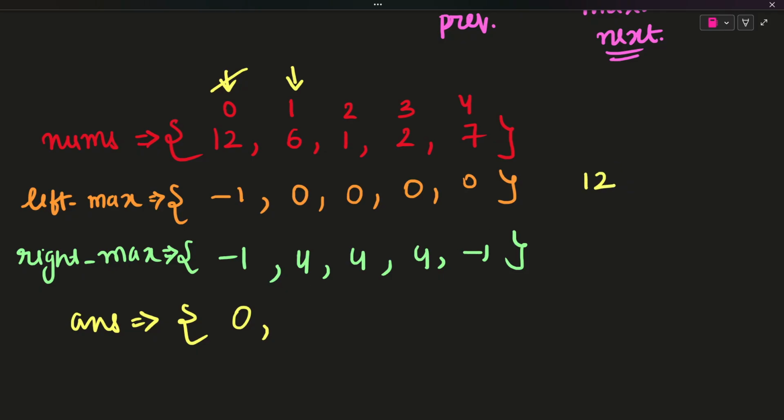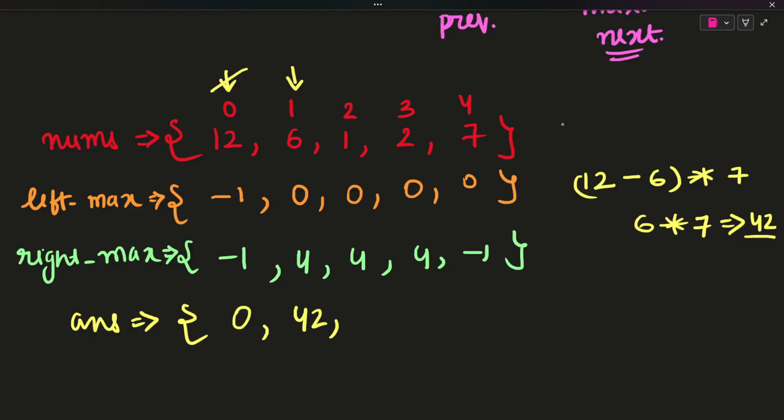It's 12 minus 6 into 7. What will be the answer? 12 minus 6 is 6, into 7, it gives us 42. So 42 will be the answer here.